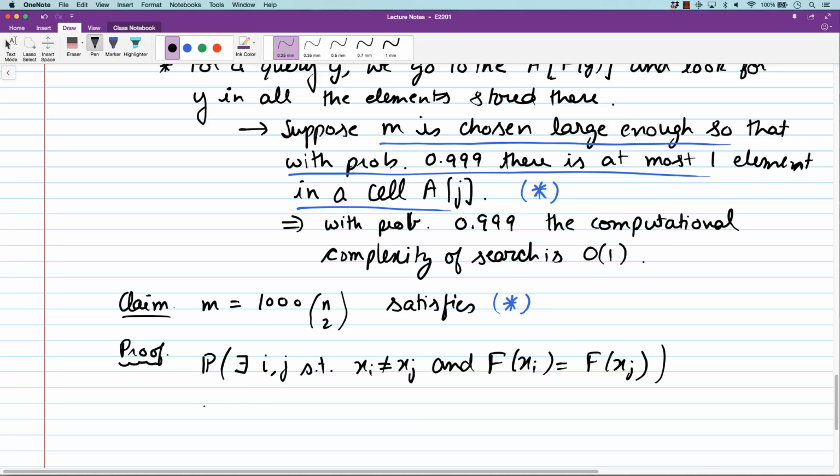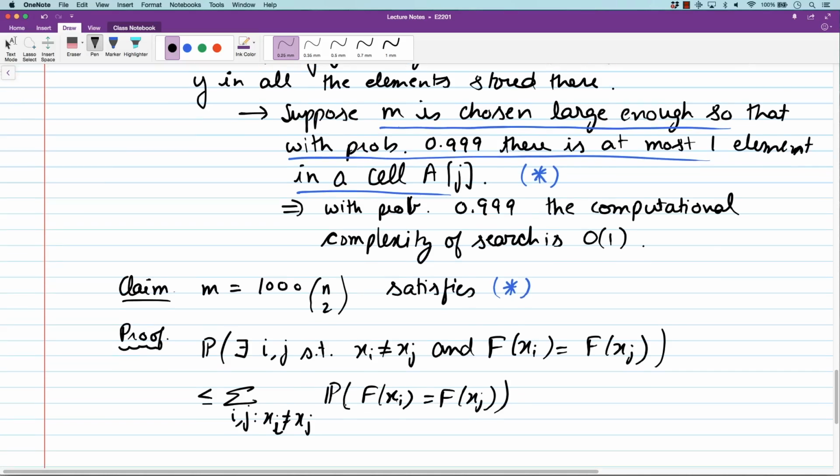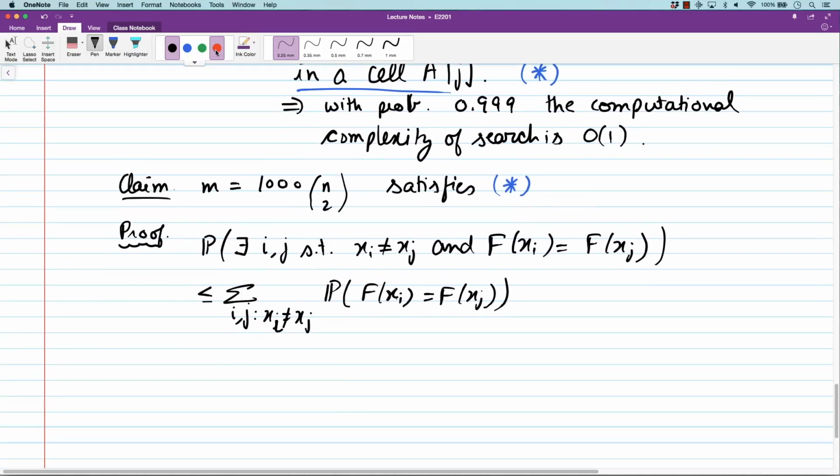This probability is less than or equal to, we'll just take the union bound, the sum over i, j such that x_i is not equal to x_j of the probability that f of x_i equals f of x_j. Remember, we chose a 2-universal hash family. Therefore, each of these probabilities is less than or equal to 2 to the power minus m, which is 1 by M.